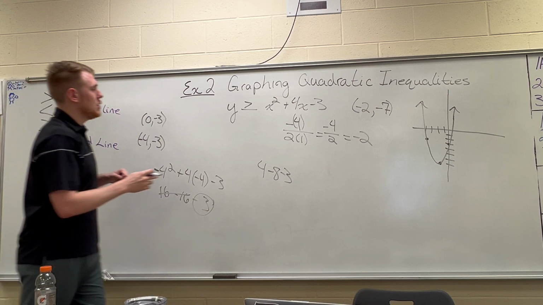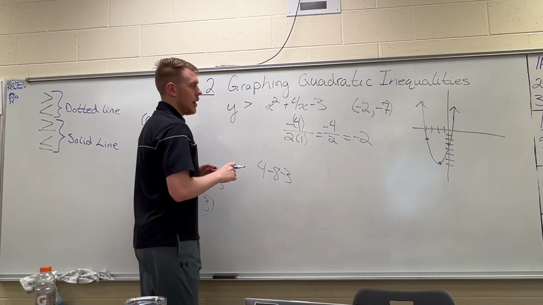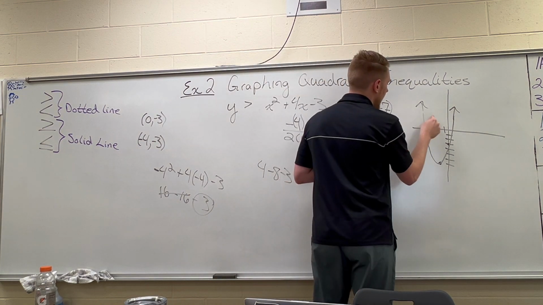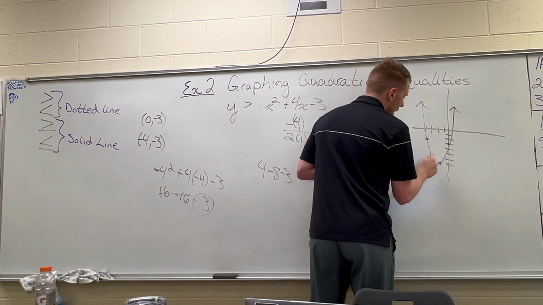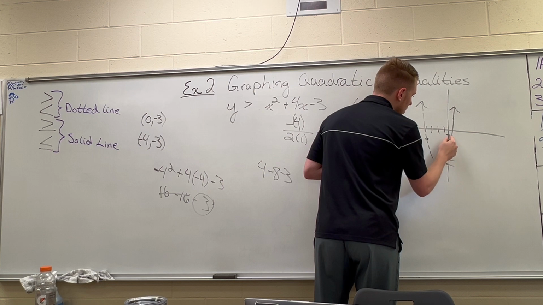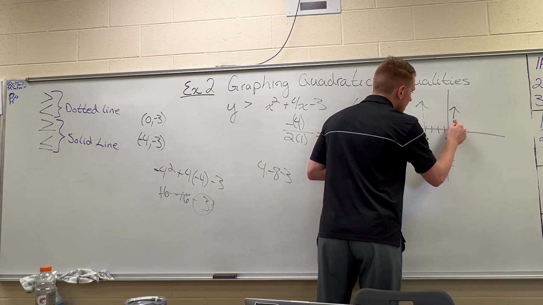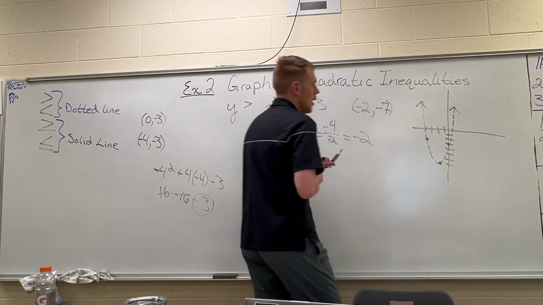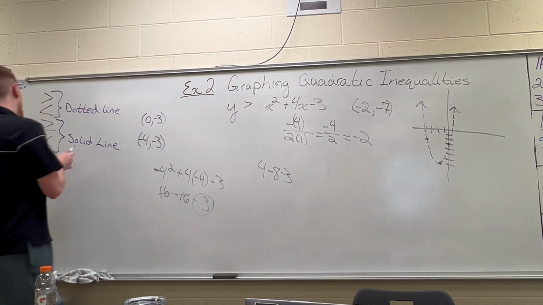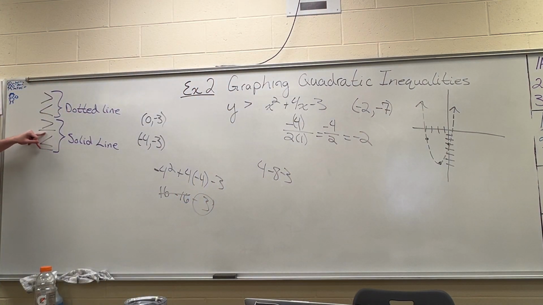Okay, so if this was y is greater than, well now all of a sudden it looks like this. It's a dotted line. It's not one solid black line. It's got gaps in it, okay? But if it has a line underneath, meaning greater than or equal to, less than or equal to, it's a solid line. Why is that?